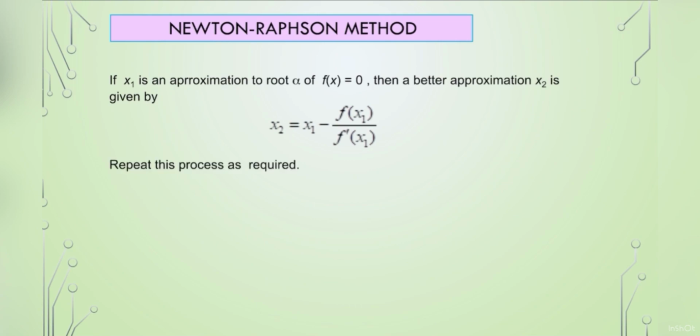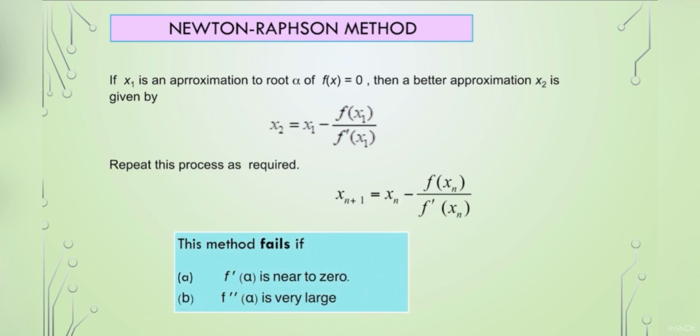We shall repeat this process as required, and we have a general formula: x(n+1) = xn - f(xn)/f'(xn). This method fails if f'(alpha) is near to 0 and f'(alpha) is very large.